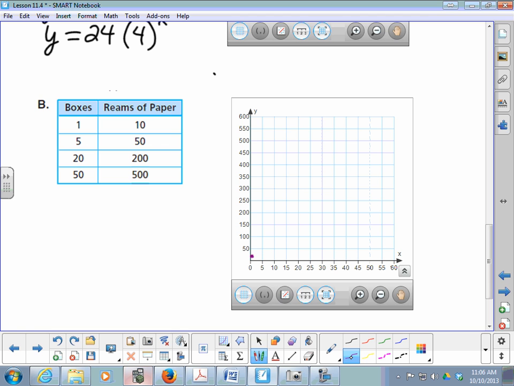Then 5 and 50, 20 and 200, and 50 and 500. Okay, so our graph is going to look like this. Oh, that looks like a nice straight line, doesn't it? So that would be linear.